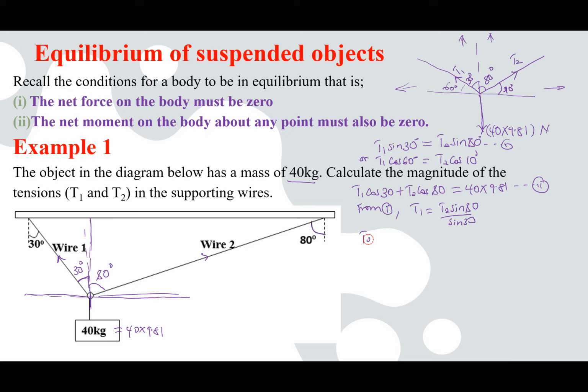So I'll say T2 sine of 80 divided by sine of 30 times cos of 30 plus T2 cos of 80 is equal to, so let me see, 40 times 9.81 is equal to 392.4.